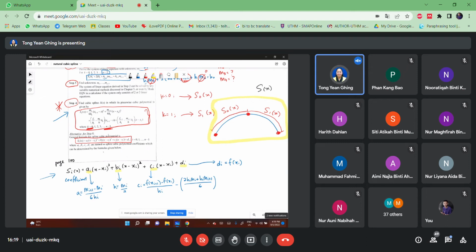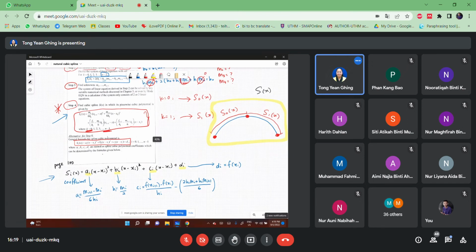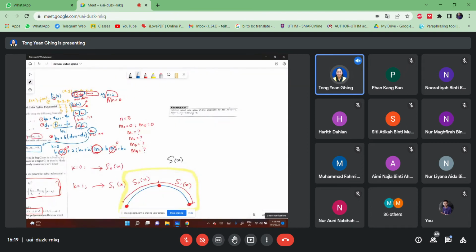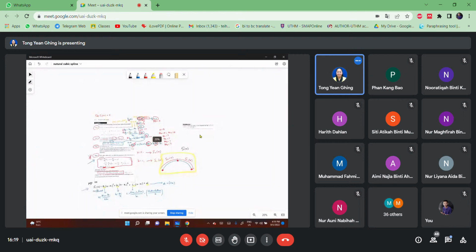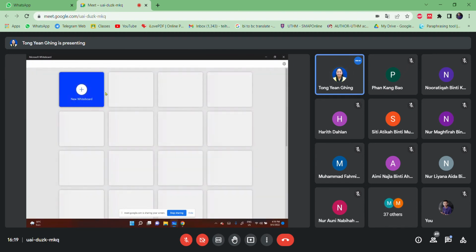Okay, now we go to example 4.10. Sekejap ya. I copy this one, go to another page. Give me 2 minutes. I copy this one, go to new page.